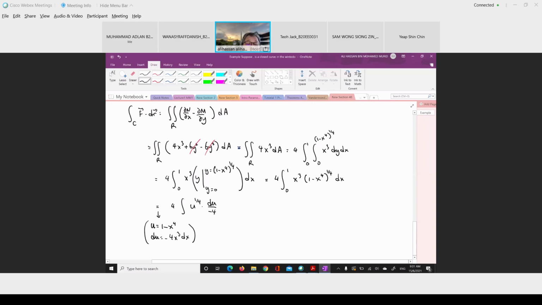What about the limits? When x is 0, u equals 1. When x equals 1, u is 0. First we see that the 4 cancels out, and because of the negative sign, we can interchange the limits to 0 to 1. I leave it to you to show that the answer is 4 over 5.